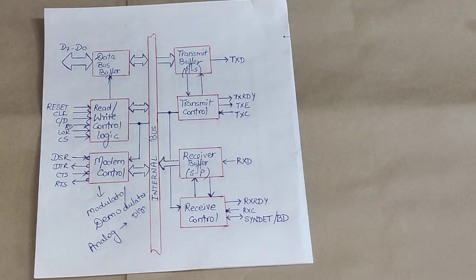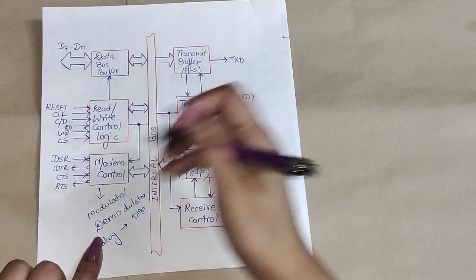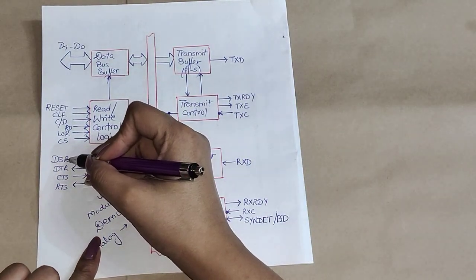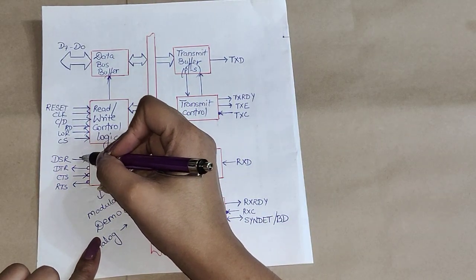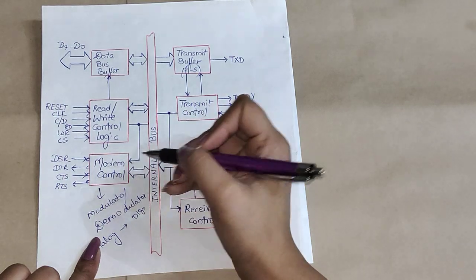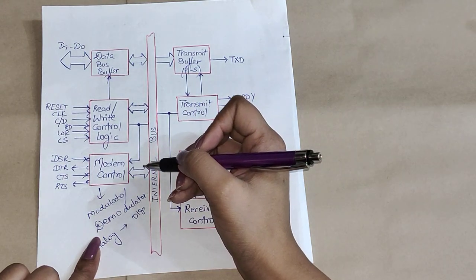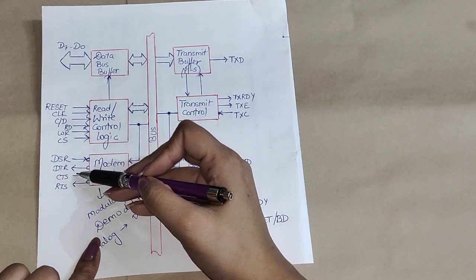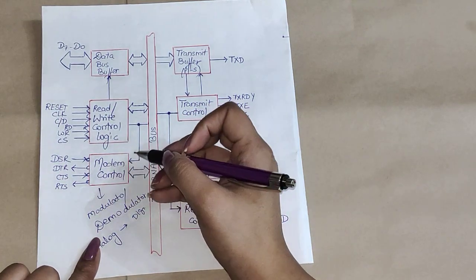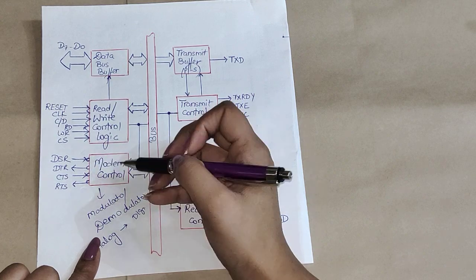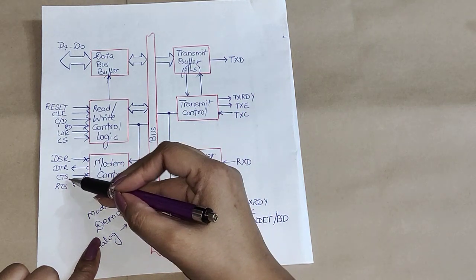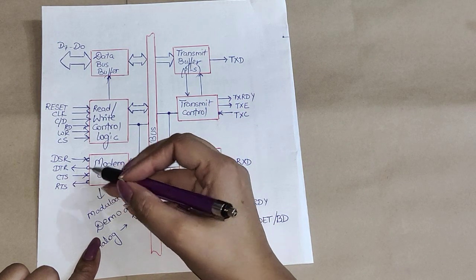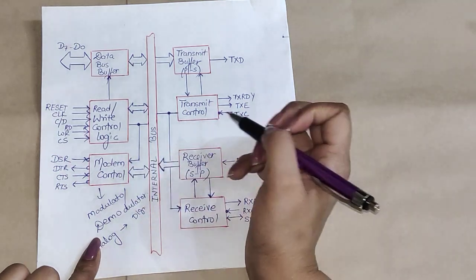DSR stands for data set ready, and this is the input port for this modem interface. Next is DTR. DTR is data terminal ready, and this is the output port of 8251. Next is CTS. CTS controls the data transmit circuit.